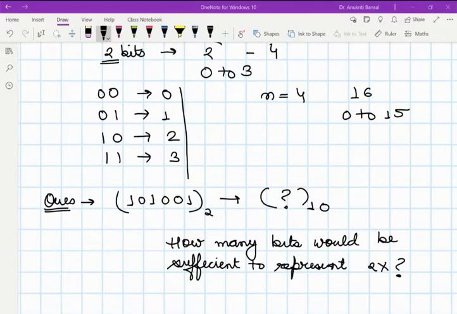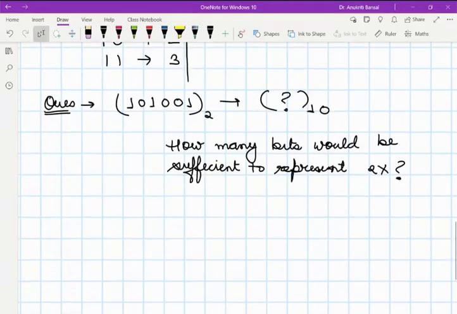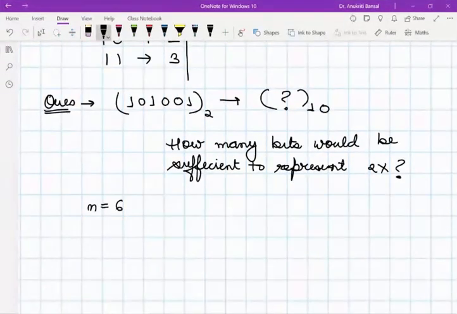Okay, Khushi, what is the output? Ma'am, 7. How did you get 7? Ma'am, the closest power of 2 that would include 82 in it. So that would be 2 to the power 7, 128. Yeah. So suppose if I take n equals to 6, what is the range of numbers which can be represented? It would be 0 to 63.